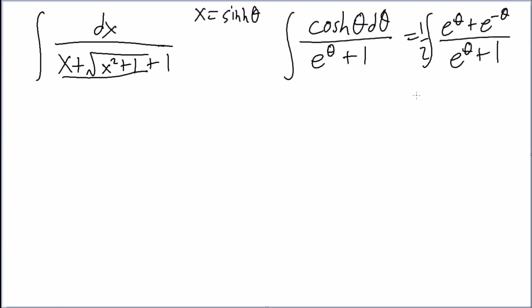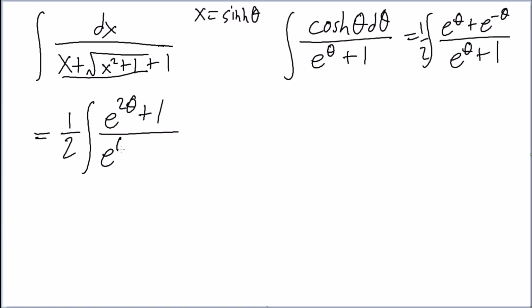But then what do we do with this? What are we gonna do with this? Well, I like to take out that negative exponent. So e to the 2 theta plus 1, e theta plus 1. I'm going to leave it like this.